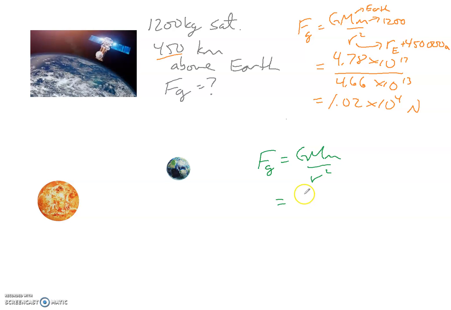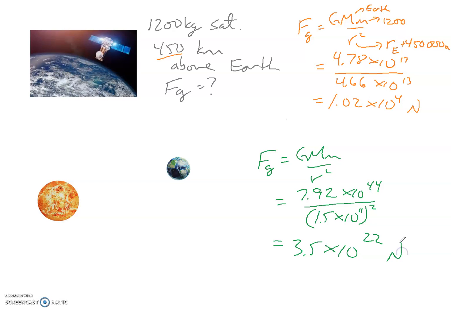Your numerator should be around 7.92 times 10 to the 44, and then we'll divide that by the radius between the Earth and the Sun, which is 1.5 times 10 to the 11, and don't forget to square that. If we divide the two out, you should get around 3.5 times 10 to the 22 newtons.